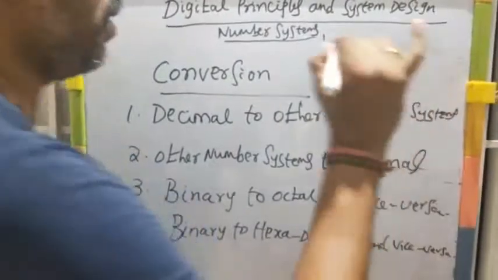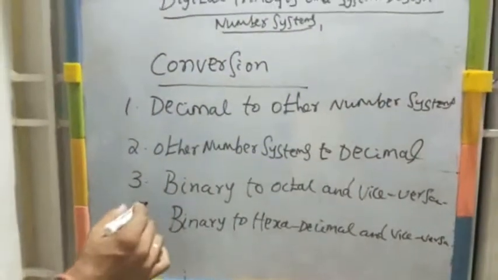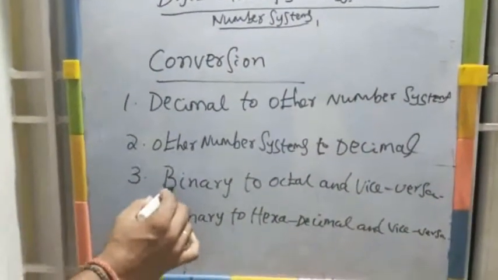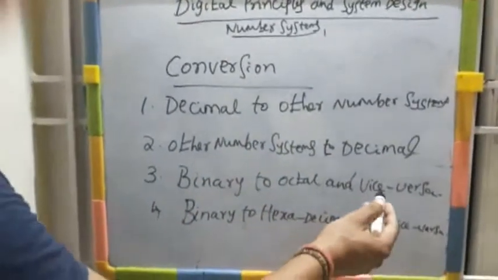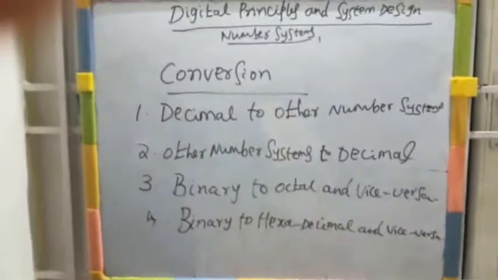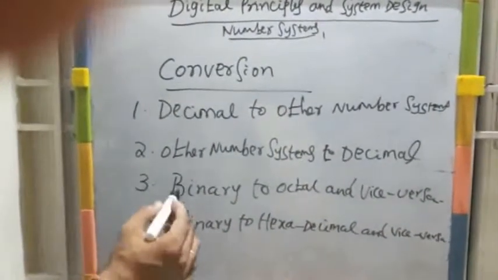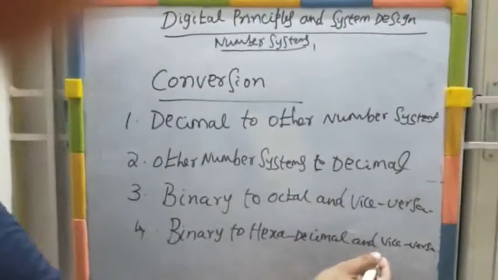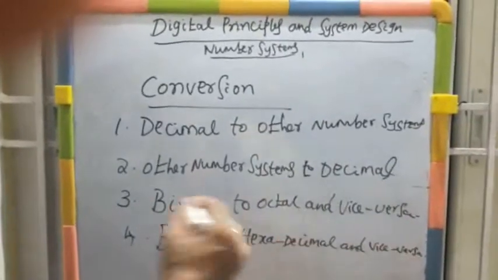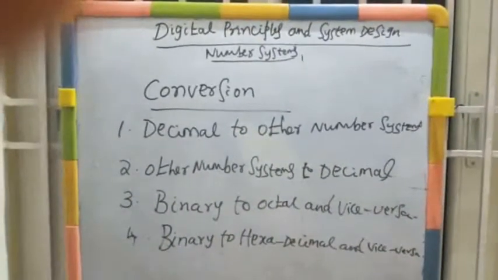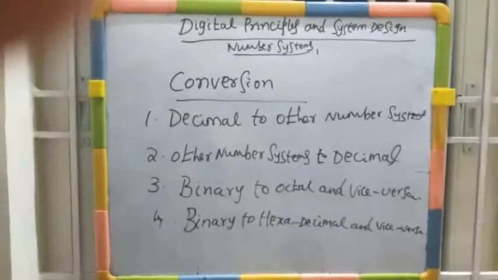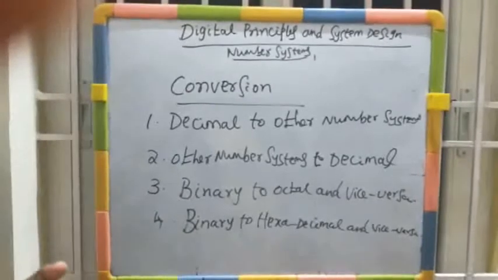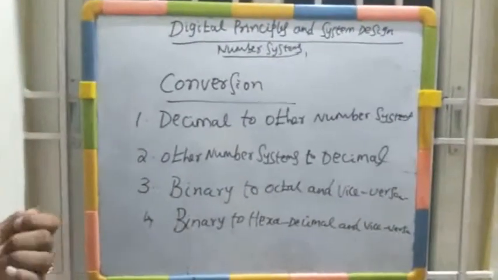Third is converting a binary value directly to octal and vice versa, meaning octal to binary. Fourth is converting binary to hexadecimal and vice versa, that is hexadecimal to binary. These are the four different ways of converting values from one number system to another.